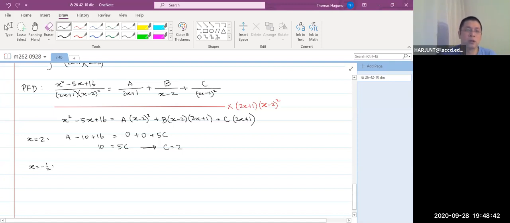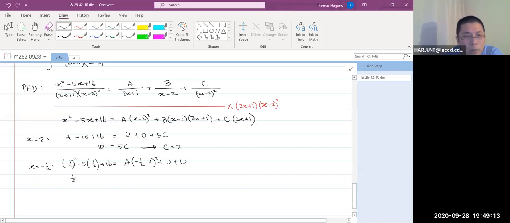When x equals negative 1/2, so negative 1/2 squared is, let me write it down. This will be a times negative 1/2 minus 2 squared, plus 0 plus 0.